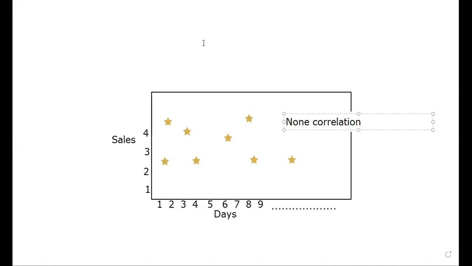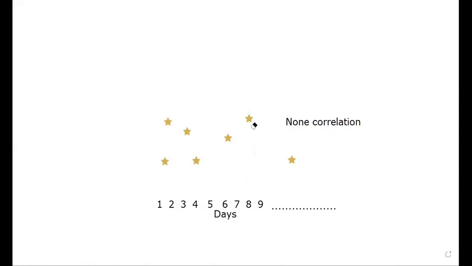This is called no correlation. Low correlation is when we have some relationship. This side indicates the sales, and this indicates the days.